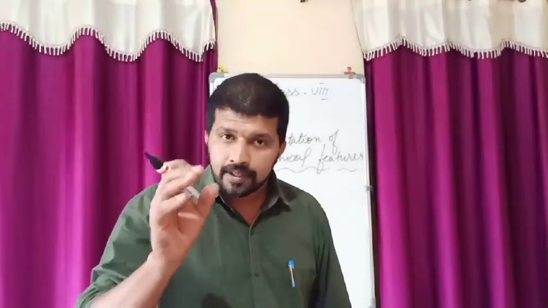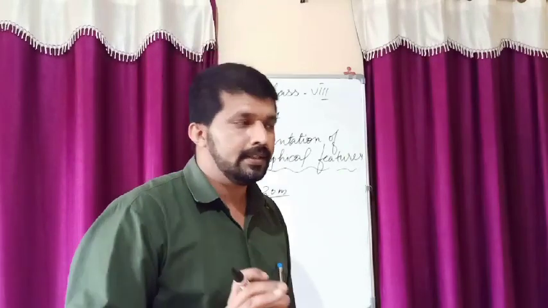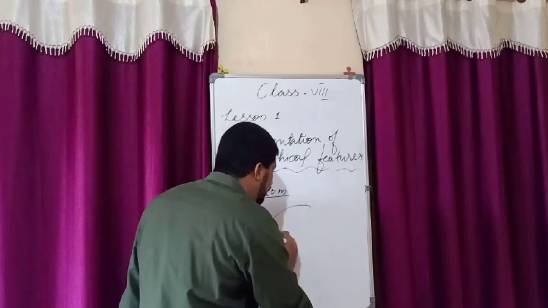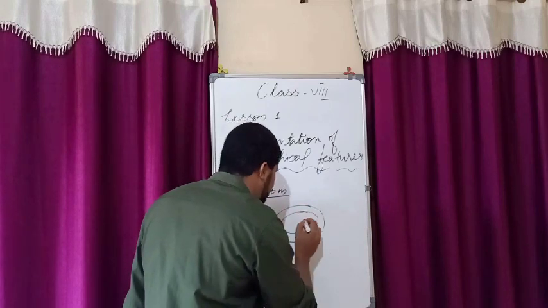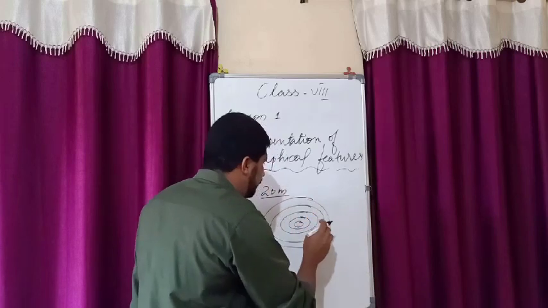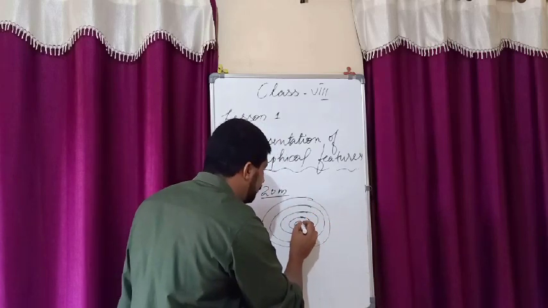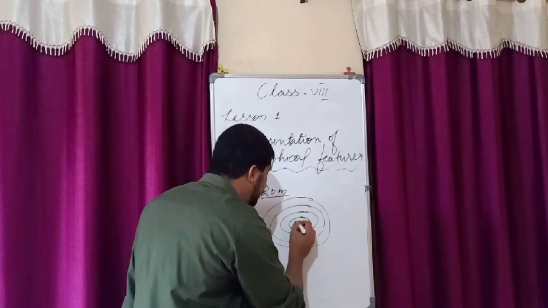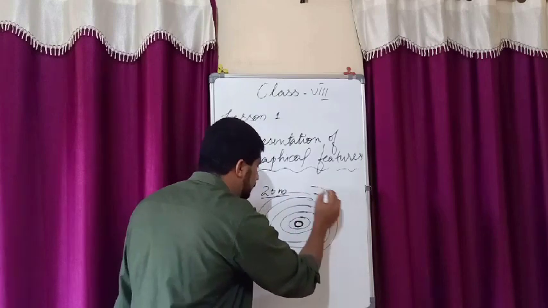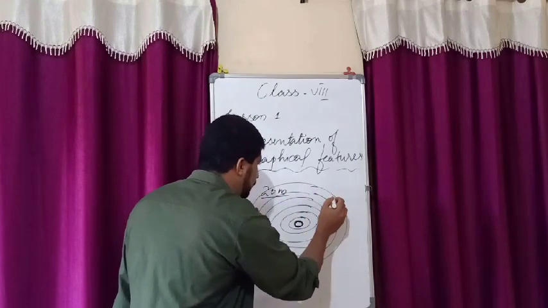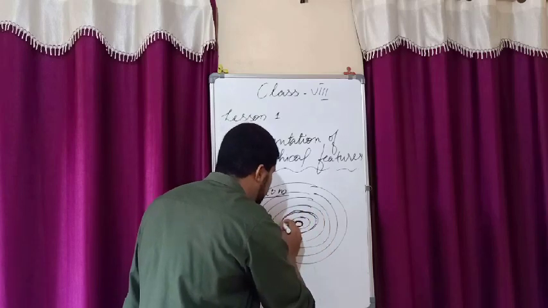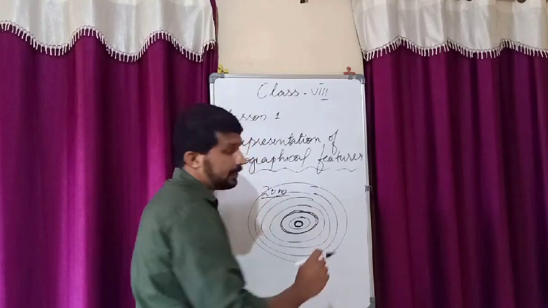Whenever a landform is created using contour lines, each and every fifth line is highlighted. 1, 2, 3, 4, the fifth line will be darkened, and that particular line is known as the index contour.